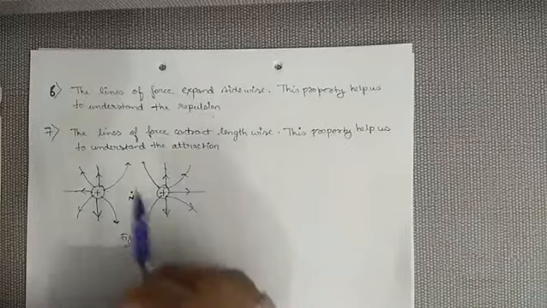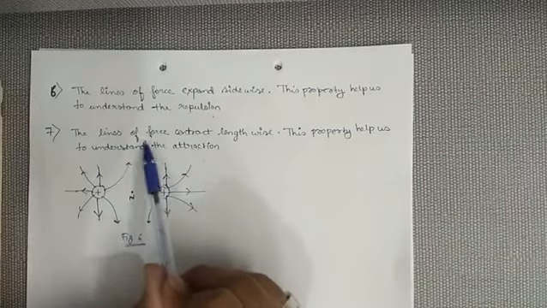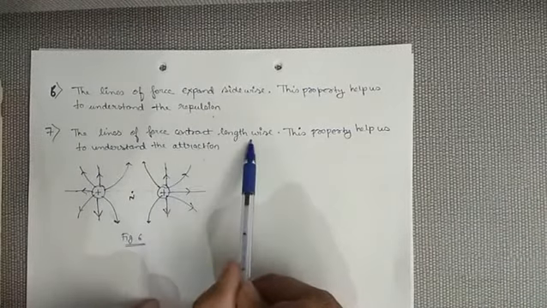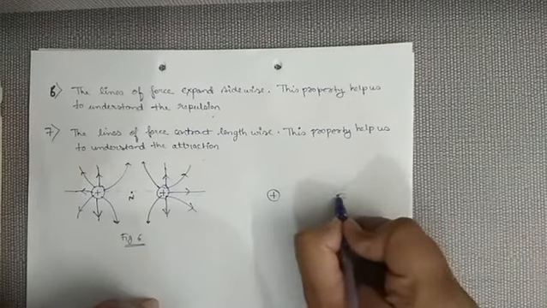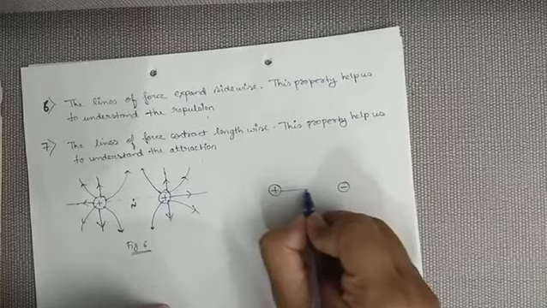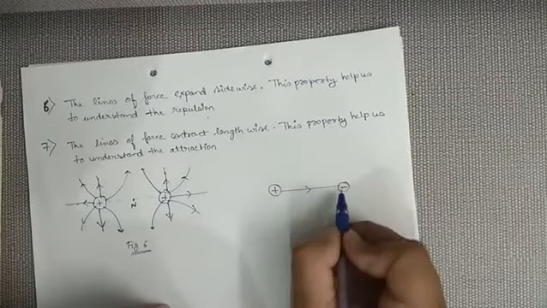Now what point 7 explains: the lines of force contract lengthwise. If we take two opposite charges, suppose positive and negative, we know the electric field lines move from positive to negative.